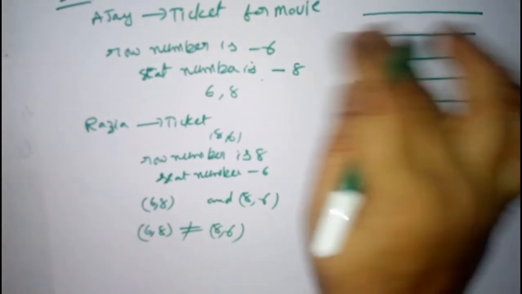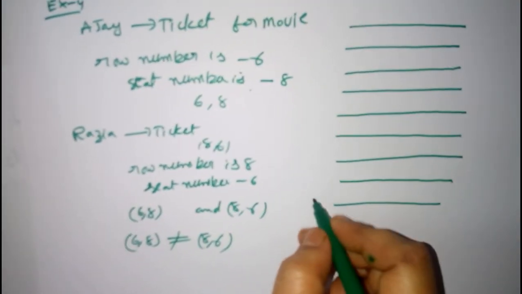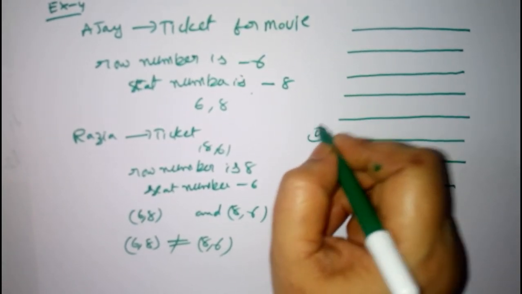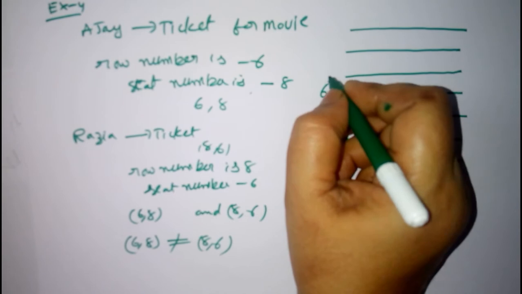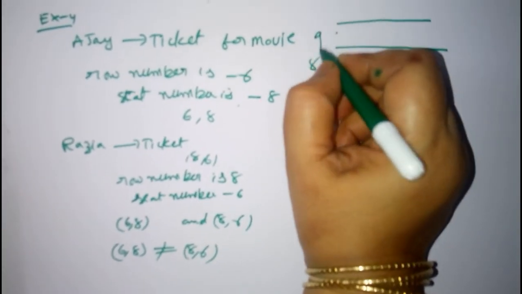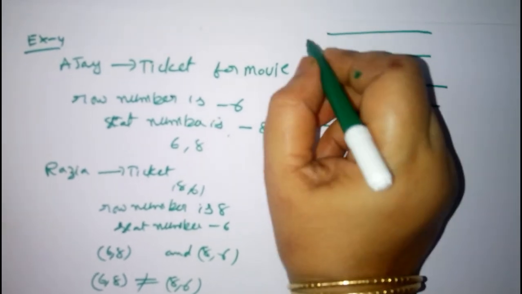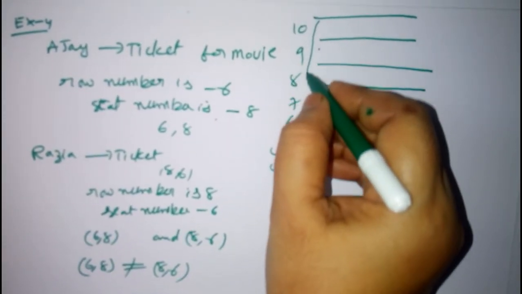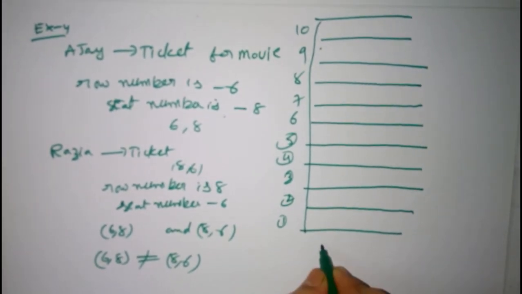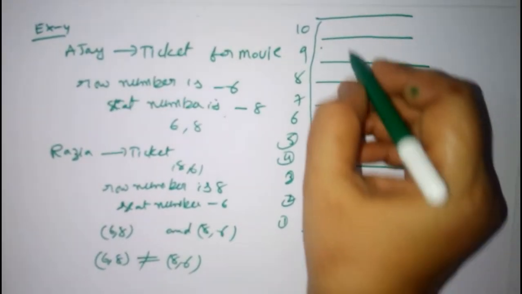These are the rows: row 1, 2, 3, 4, 5, 6, 7, 8, this is row 9, this is row 10. These are the seat numbers.